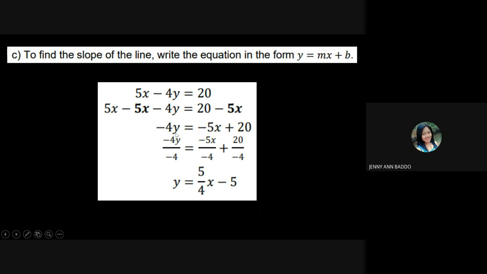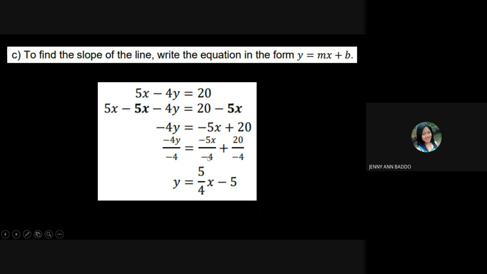Now, since we only want the variable y on the left side of the equation, we will get rid of the numerical coefficient of y, which is negative 4. That is done by dividing all the terms of the equation by negative 4. So canceling negative 4, we now have y equals negative 5 divided by negative 4.